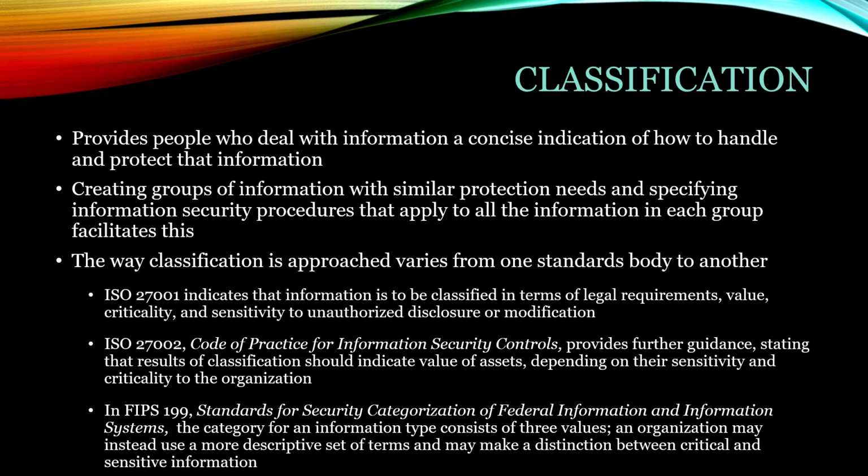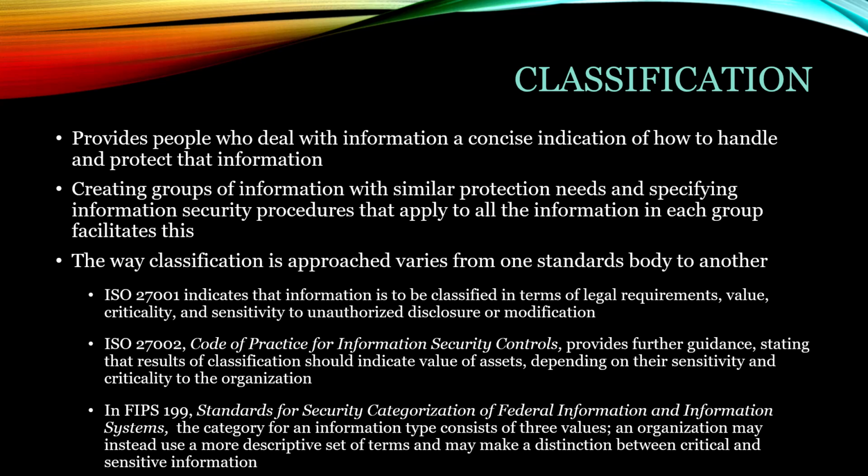And there are very specific approaches based off of the standard bodies. For example, ISO 27001 indicates that information is to be classified in terms of legal requirements. That could also be value, criticality, and sensitivity to unauthorized disclosure as outlined by 27002. There are codes of practice that outline what you're supposed to be doing with this.